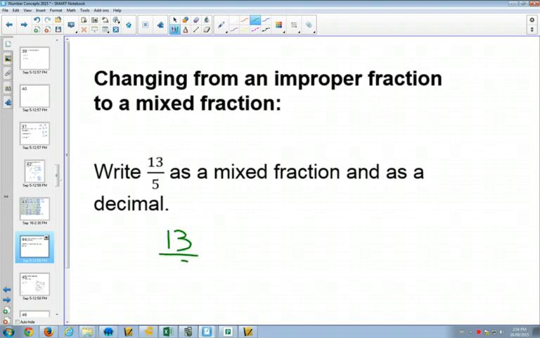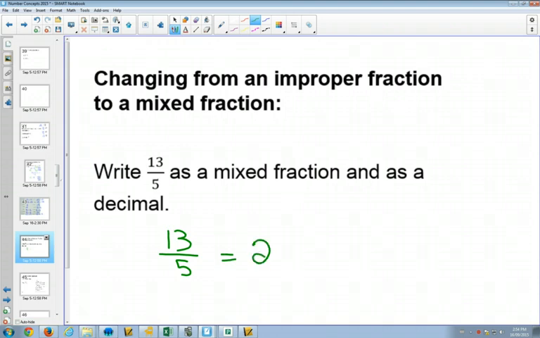You're going to be looking at your times table for 5 and saying 5 times 1 is 5, 5 times 2 is 10, 5 times 3 is 15. What is the number that I could multiply by so I don't go over 13, but I get as close to 13 as possible? 5 times 2.